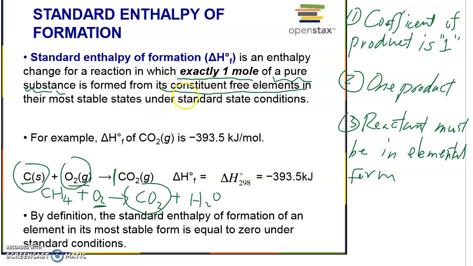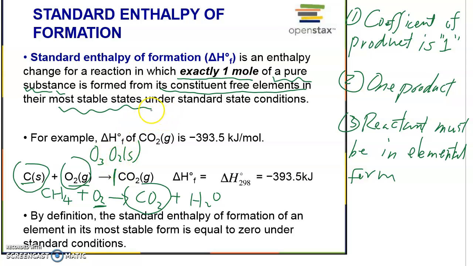Okay, so let's continue. And their most stable state, what do I mean by that? That means oxygen at room temperature and 1 atmosphere should be O2 gas. So if you see something like O3, it's not the most stable state. Or if you see O2 solid, at room temperature and at 1 atmosphere, oxygen should be a gas.